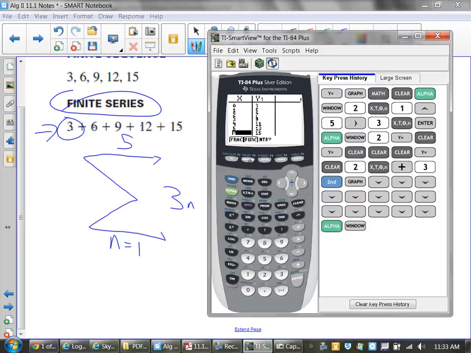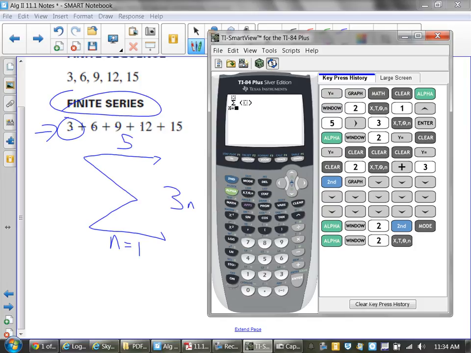Alpha window 2. Do it on your calculator. Alpha window number 2.